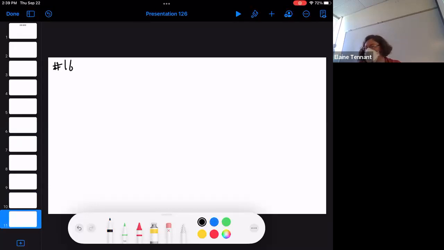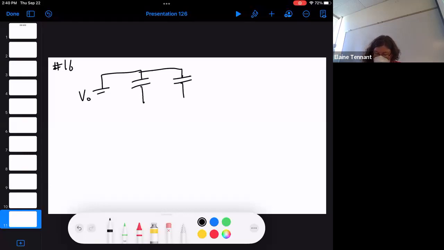Number 16. Okay, so number 16, we have a battery with voltage V0. We have 2 capacitors, C1 and C2.